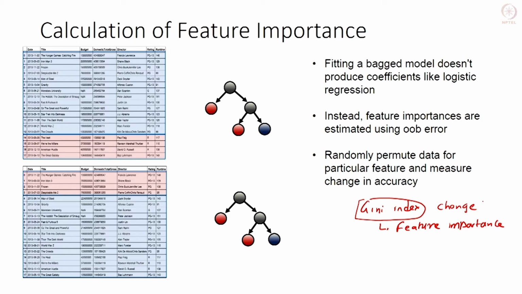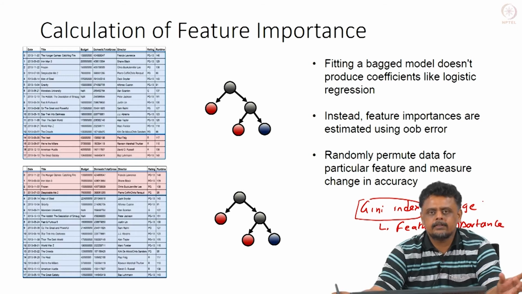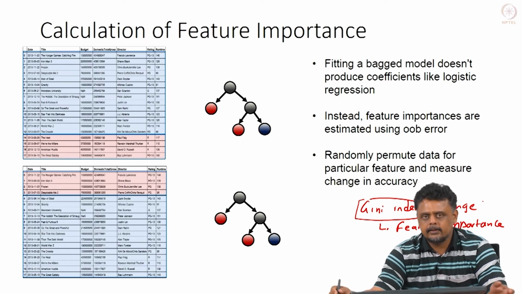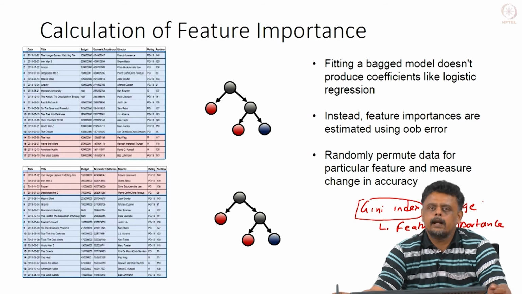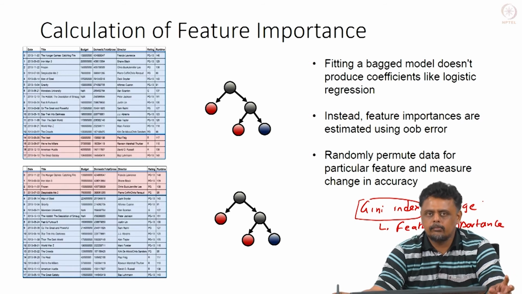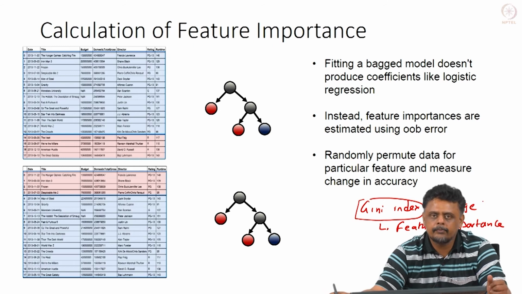Recall that it is much easier to do this if you have a single decision tree, because at every node, whenever there is a split, you know the change in the Gini index or the entropy, or whatever criteria we have used to make the split, and you can use that as a measure of feature importance. But when you are doing bagging, that is when you are averaging over a multitude of trees, maybe several hundred of them, then it is very difficult to do that in a straightforward way, because the data set will keep changing between trees typically.